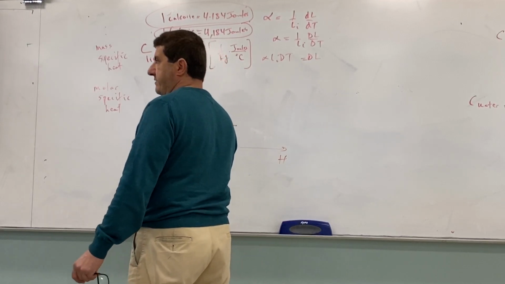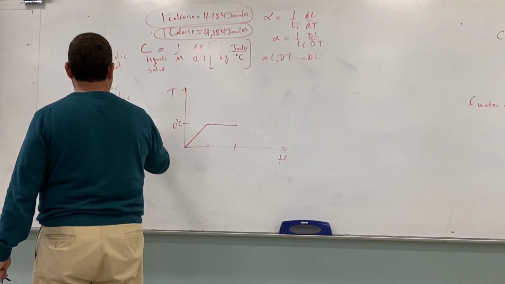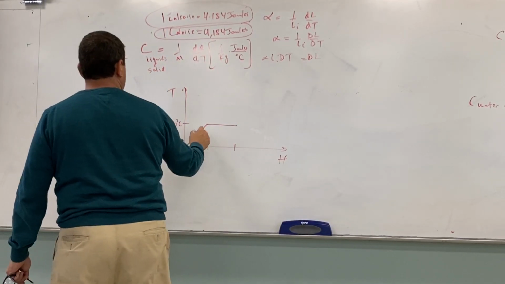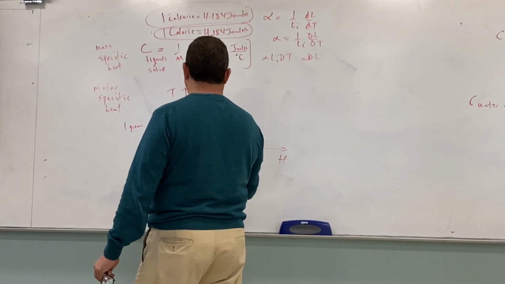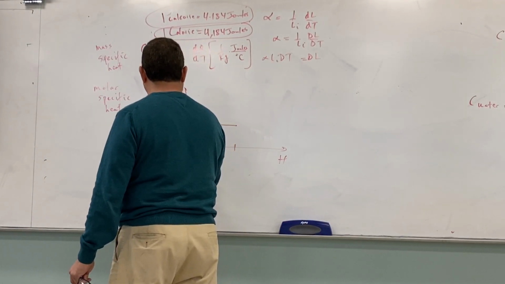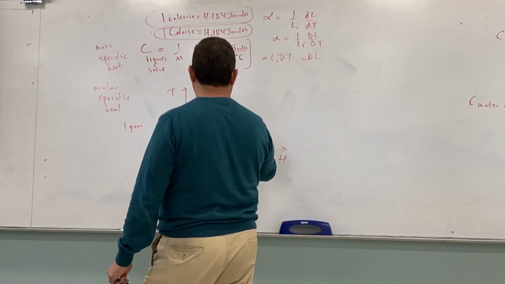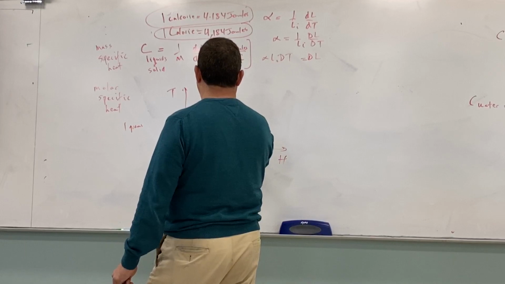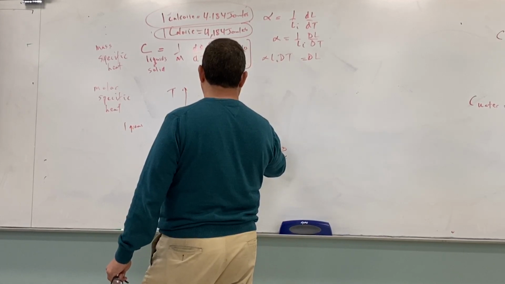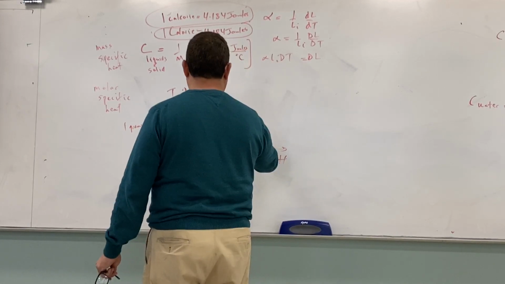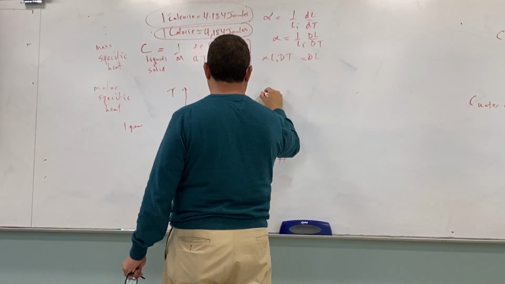So let's just say you have 1 gram of ice. You heat it, starting at -10 Celsius. You put a certain amount of heat, then all the ice melts. Then you start putting in a certain amount of heat.